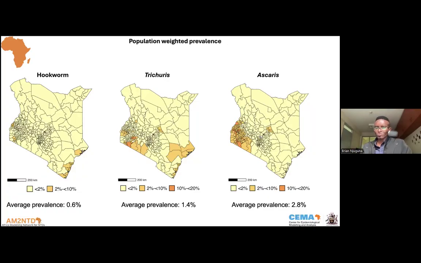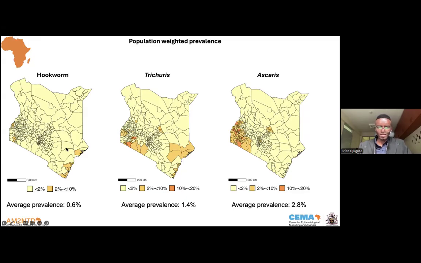Sometimes we would want to aggregate that prevalence to different administrative levels, for example, a village or a sub-county or a ward. So we aggregated the prevalence at the sub-county level, also accounting for the population aged between 5 to 14 years, so that the prevalence we get after aggregating is population weighted.